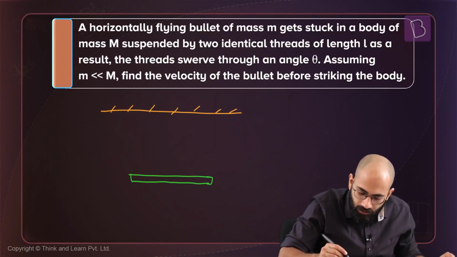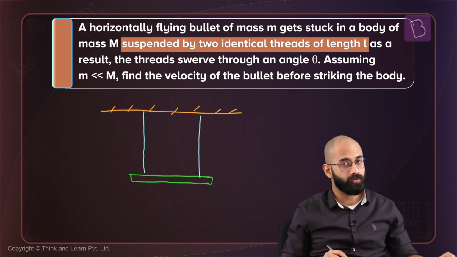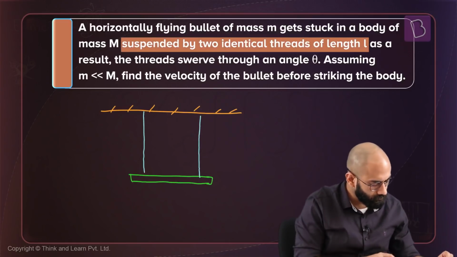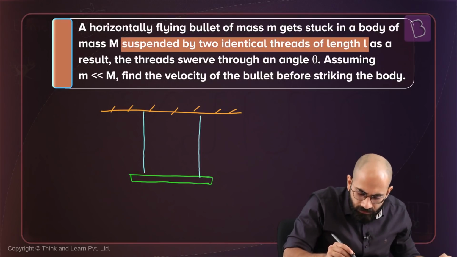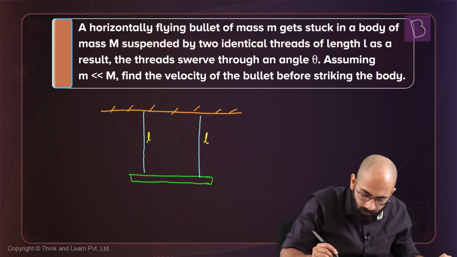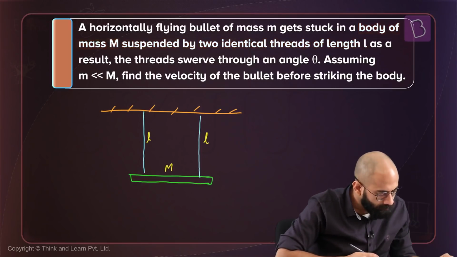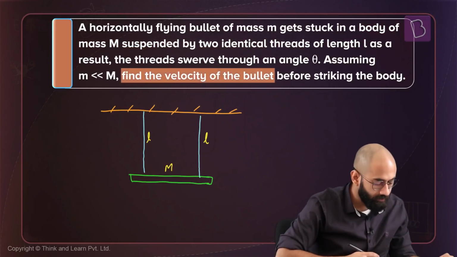This is our body, and it's hanging from 2 ropes, not 1 rope. Okay, length is L and mass capital M.